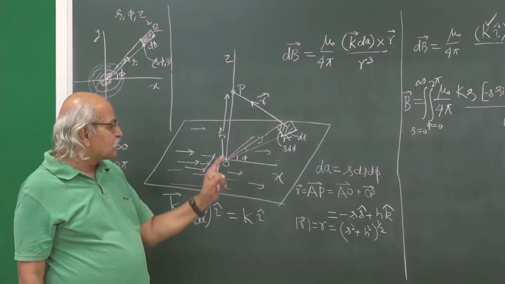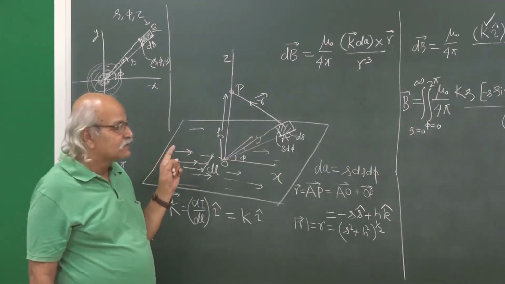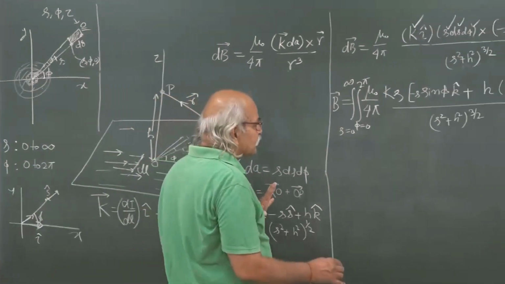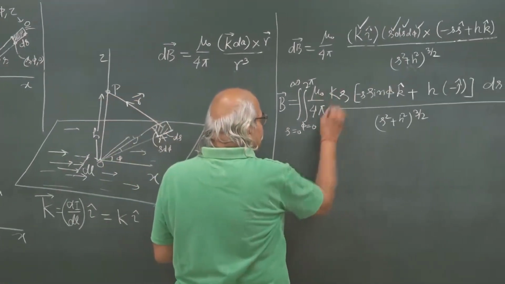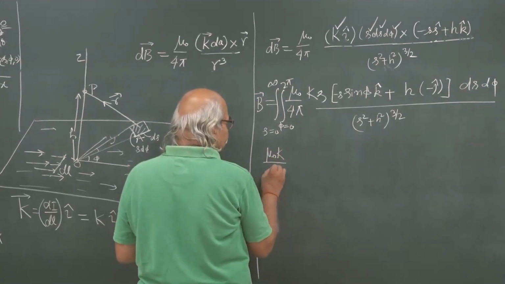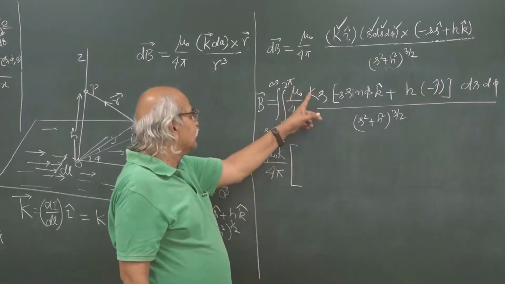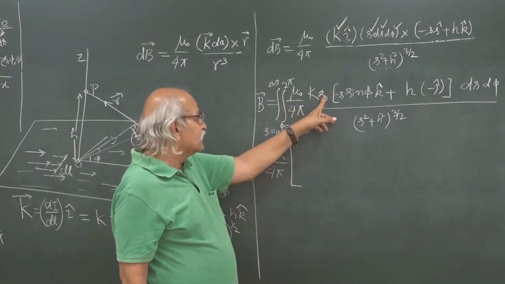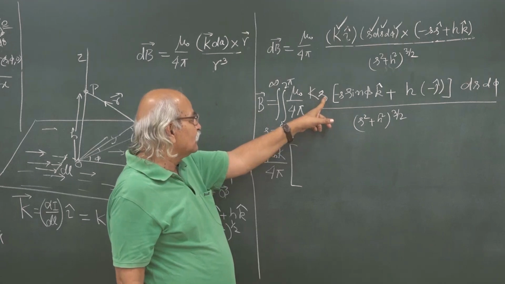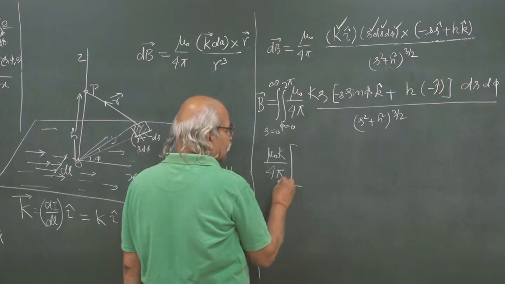The y direction, x direction are fixed, z direction is fixed, and therefore, it is a great relief. You can write mu naught k by 4 pi outside the integration. You cannot take this s out, you have to integrate on s, and similarly s here. So, this will not come here.